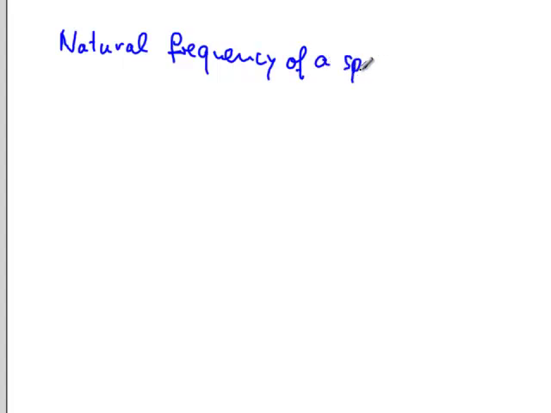The natural frequency of a spring gets me back to a previous chapter on simple harmonic motion, where I look up that the angular velocity omega equals the square root of k over m.